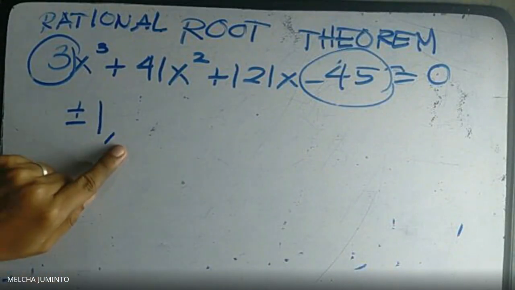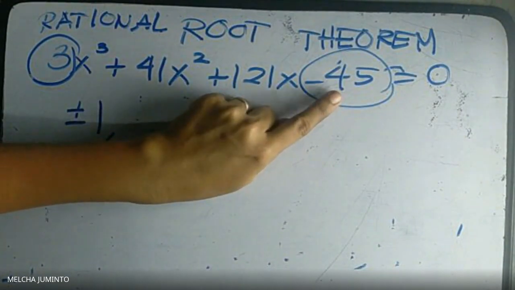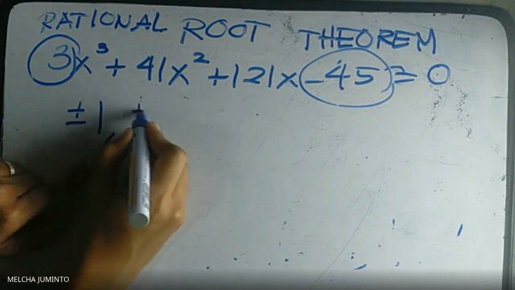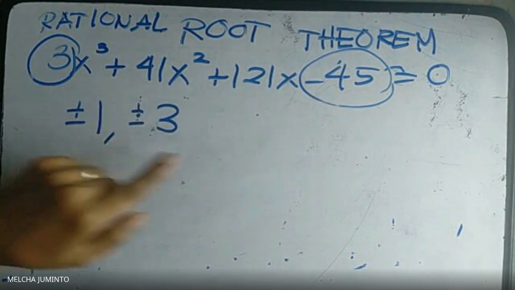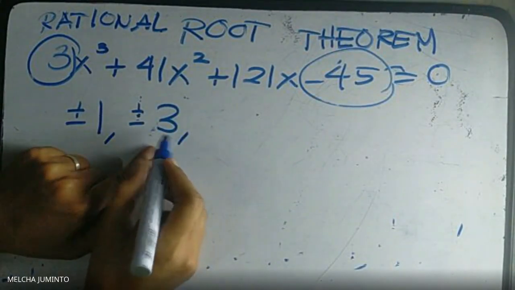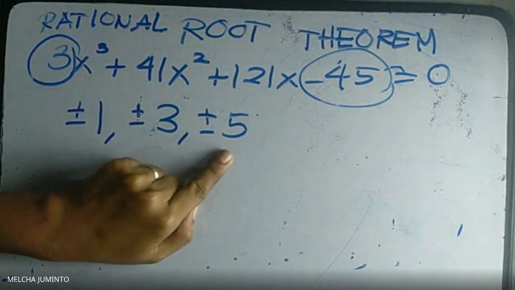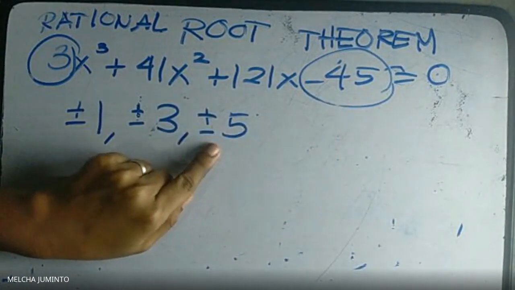2 is not a factor of 45 because 45 is not divisible by 2. 3 is a factor of 45 because we can divide 45 by 3. Next, 5 is also a factor of 45 because we can divide 45 by 5.